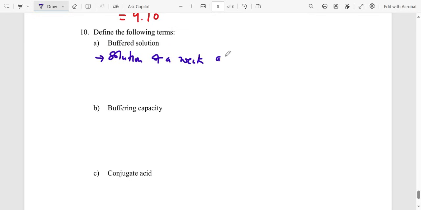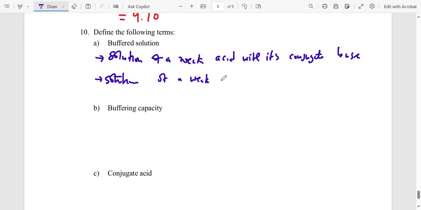So a weak acid with its conjugate base, or a weak base with its conjugate acid.